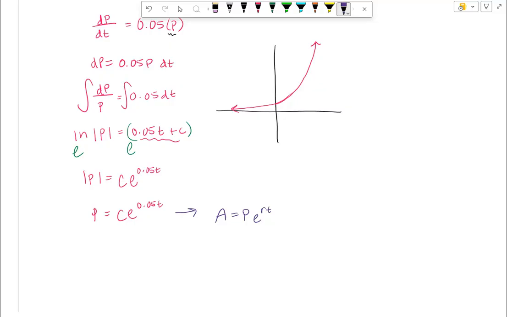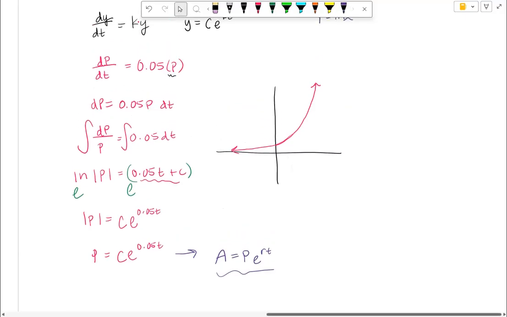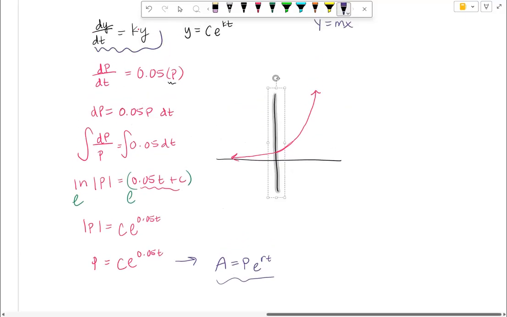So this model will always give us something that looks like this, and our original differential equation was really in the form of some constant of proportionality times y or times P, whatever our dependent variable is there.